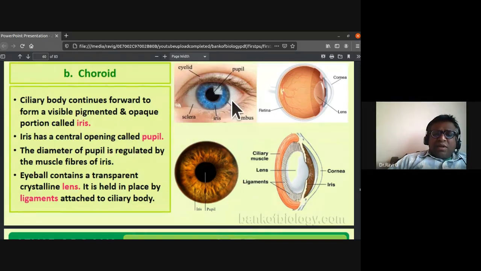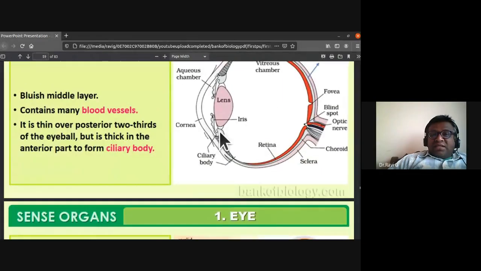The ciliary body continues forward to form a visible, pigmented, and opaque portion called the iris.